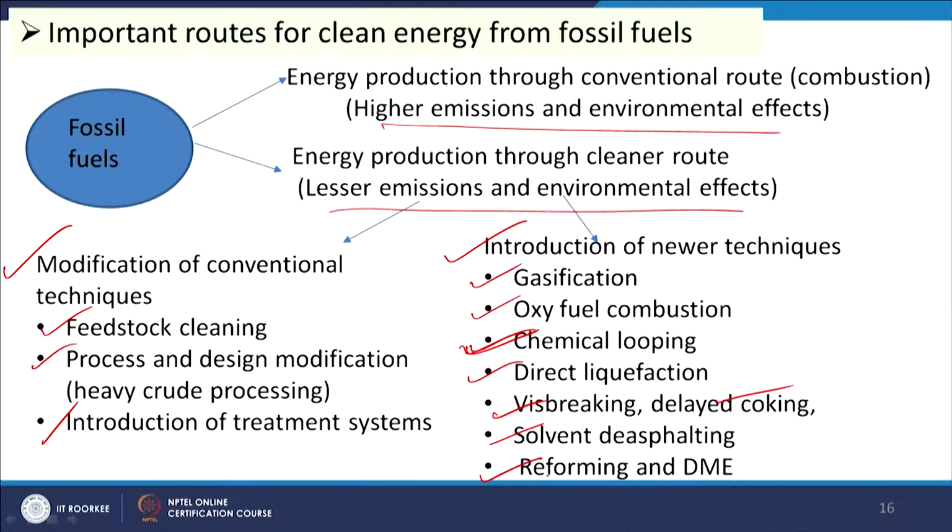So, if we convert methane or natural gas to syngas through reforming, this may be a cleaner route, and the syngas can be converted to methanol, the basic chemicals, and DME, which can be used as a liquid fuel. So, these are the cleaner routes which we can use. Extensive research is going on, some technologies have come up, and we will discuss these in consecutive chapters or topics.